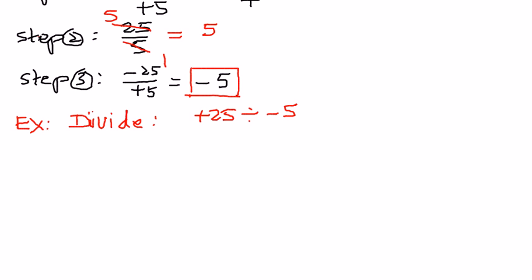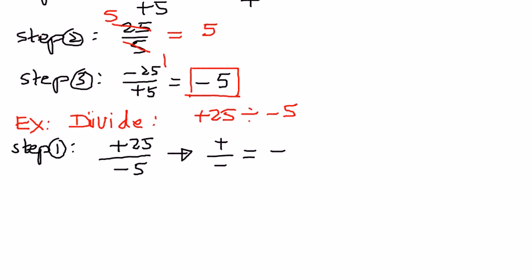So how do we do that? Let's write them down in these steps, which is easier to follow. Step number 1, we have positive 25 divided by negative 5. Here we're going to recall our sign rule. A positive number divided by a negative number is a negative value.